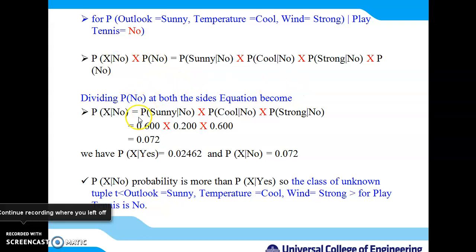So what is our final equation? The probability of the unseen tuple supporting the decision no is nothing but the multiplication of the probability of sunny supporting no, the probability of cool supporting no, and the probability of strong supporting no. Where do we get these values?